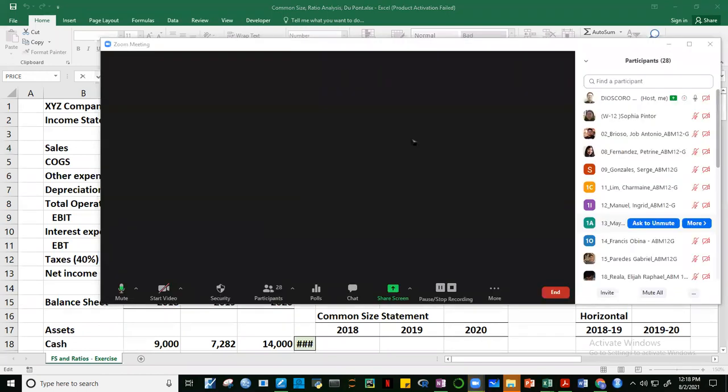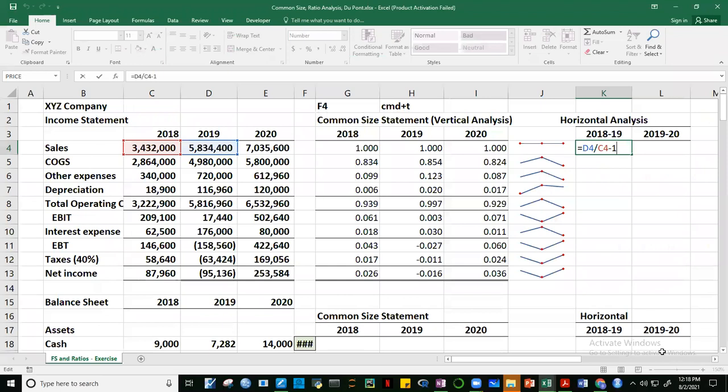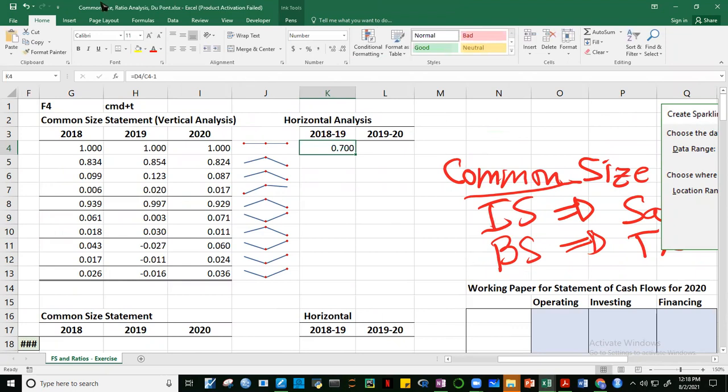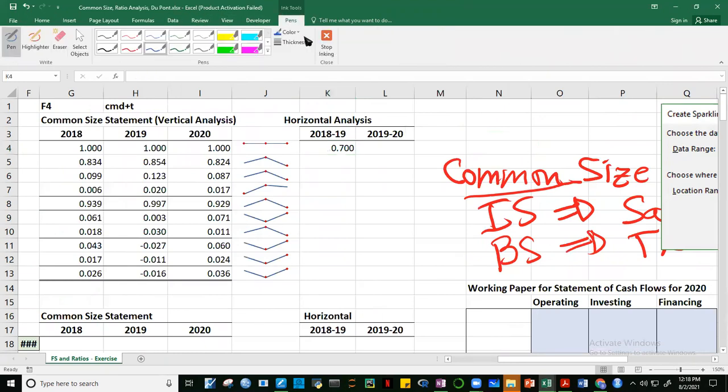Okay, ulitin natin, ulitin ko guys yung pag-explain dati, no? Remember how do you get growth rate? Di ba ang formula, what you learned in high school or elementary, no? Ang growth rate, guys, paano natin kinukuha yung percentage change?